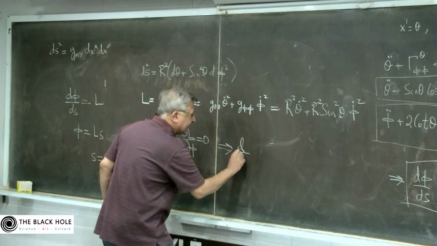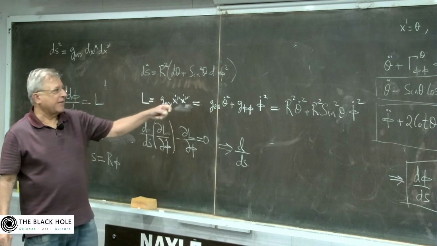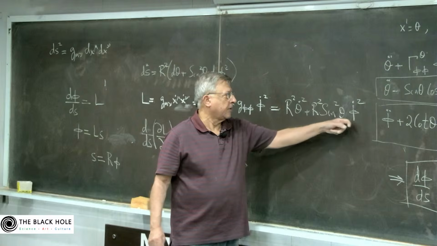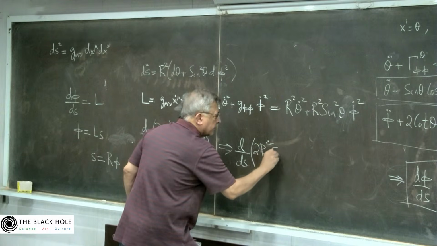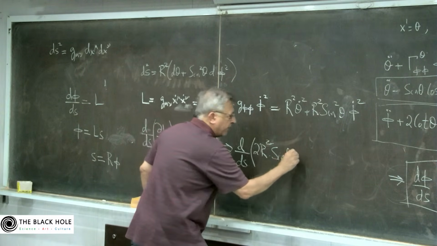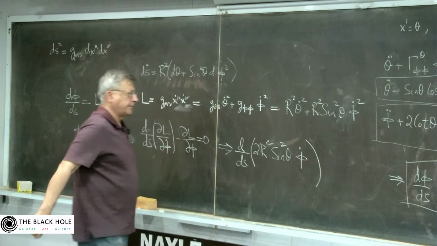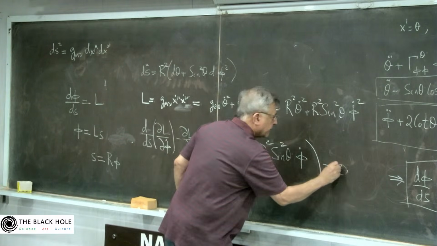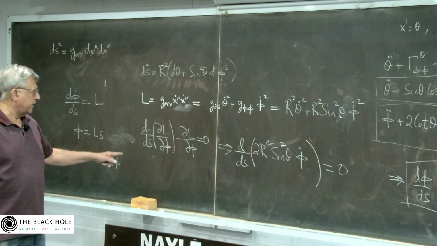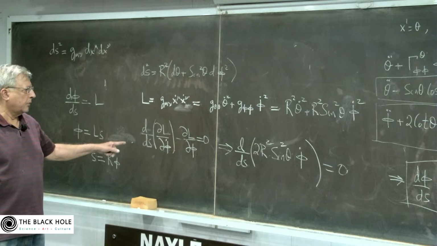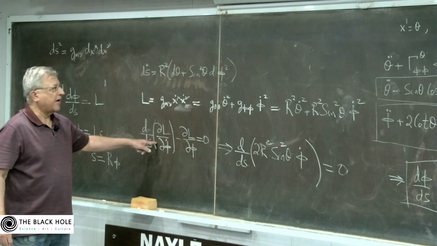So that says d by ds of dL by d phi dot. Look over here, dL by d phi dot is what? 2r squared phi dot equal to, let's see. Sorry, dL by d phi dot.